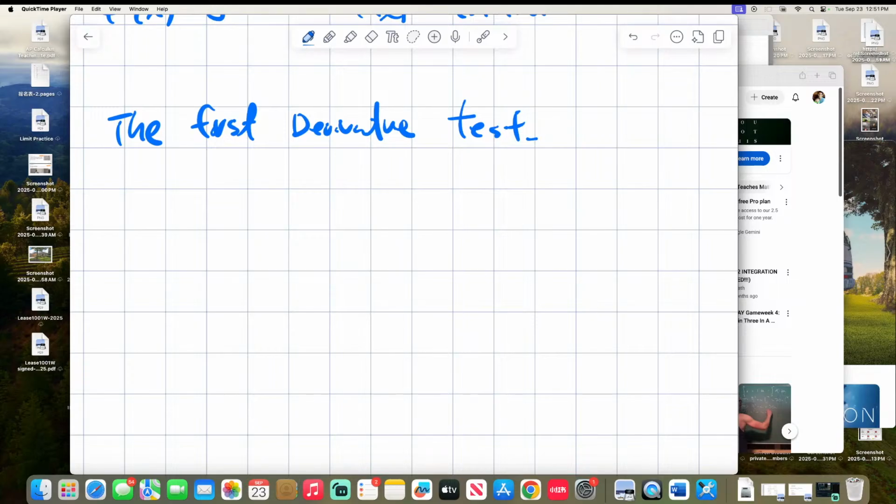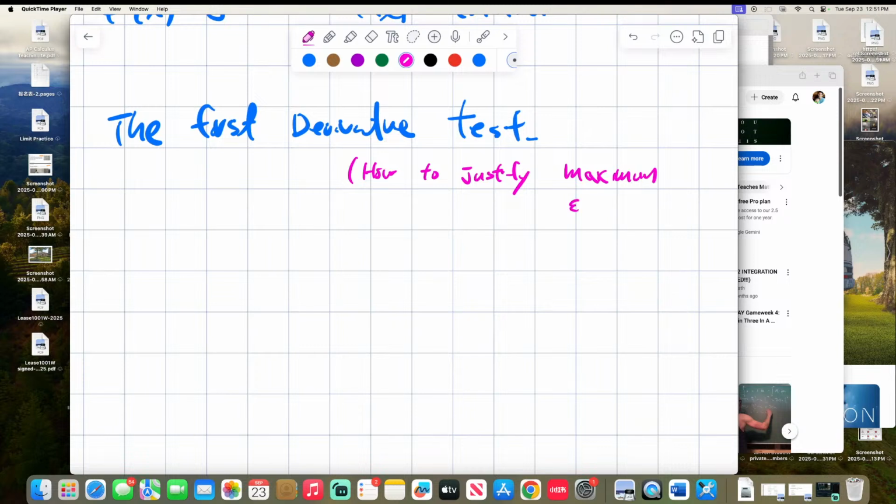All right. So the first derivative test tells you how to justify maximum and minimum, like we had to do last year.